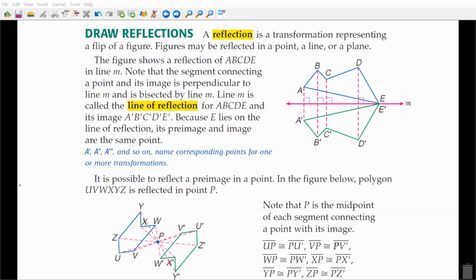Let's check what's happening here. Are you able to see that the blue line is going to be making the image? The pre-image, I'm sorry, the pre-image is going to be made by the blue line. And the points where the blue line are is A, B, C, D, E. So you can see that's the figure being done.